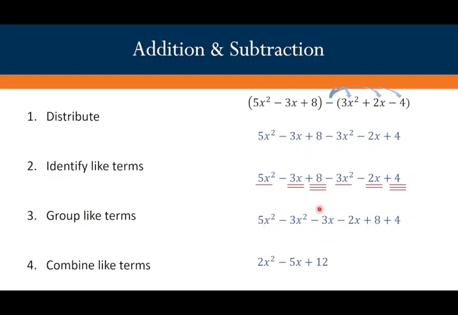I don't usually do this grouping, like rewriting the things in a different order, because you can just start from 5x squared and minus 3x squared to get the 2x squared, and negative 3x minus 2x to get the negative 5x, and positive 8 plus positive 4 to get the 12. It's up to you.